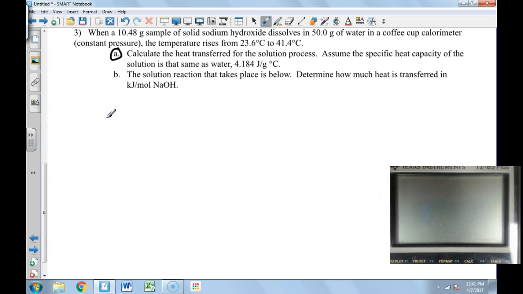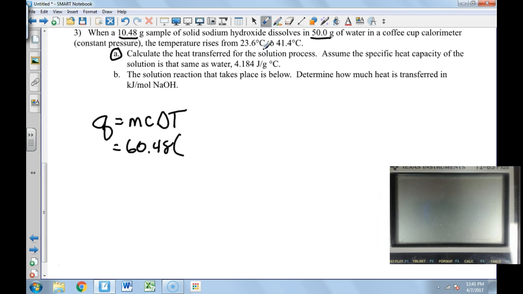Process. So the formula is Q equals mc delta T, and that is the formula for heat transfer. Now mass is the mass of the system. Now, this is the one tricky thing here. So we have 50 grams and 10.48 grams. So the overall mass is 60.48.